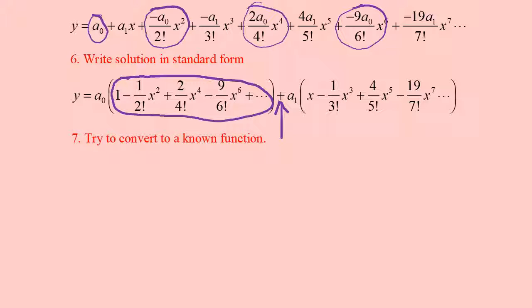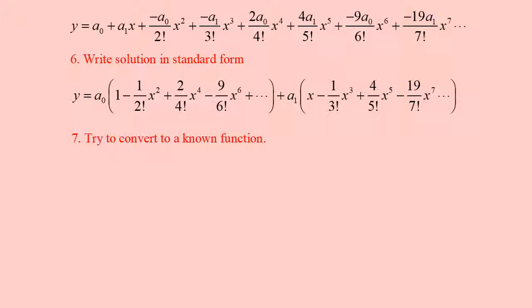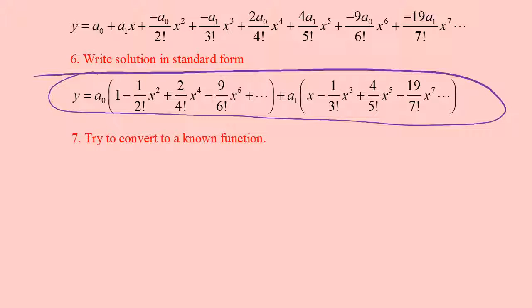If we can write this as some known function, we would like to do such a thing. However, what we have here is a plausible solution. And in this case, there isn't a function that this writes as.